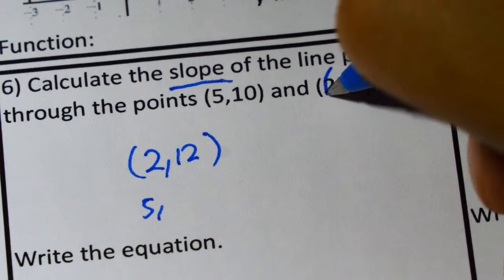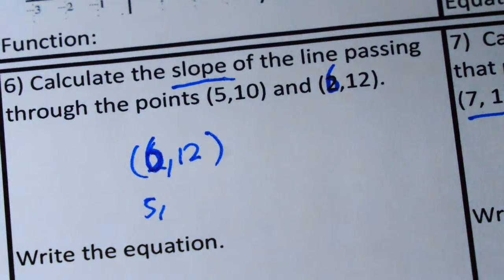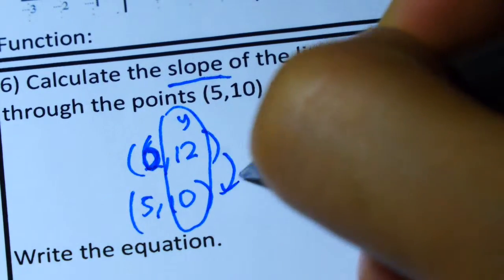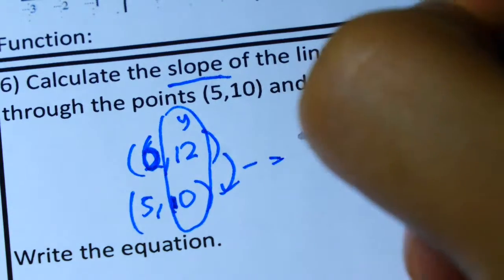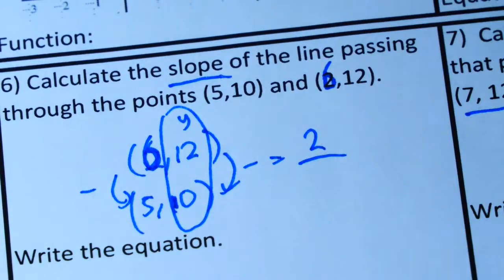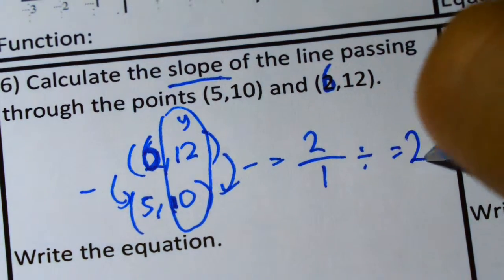So let's change this to 6. So 6, 12, and 5, 10. Change in y. 12 minus 10 equals 2. 6 minus 5 is 1. 2 divided by 1 is 2.